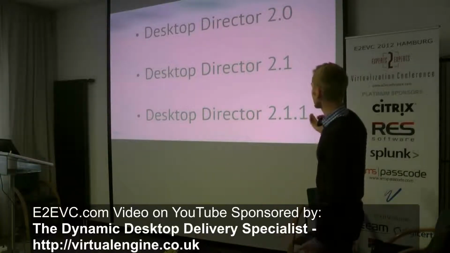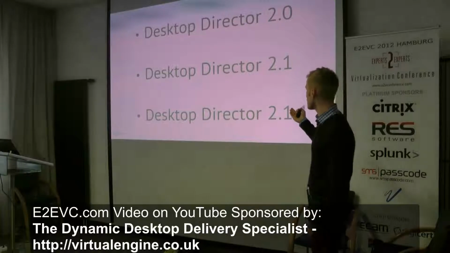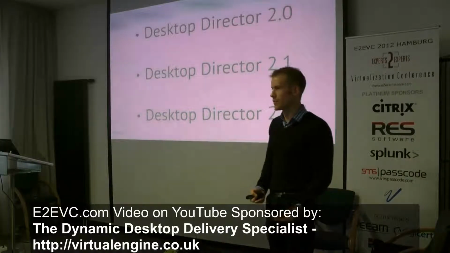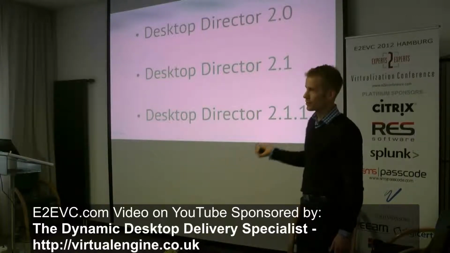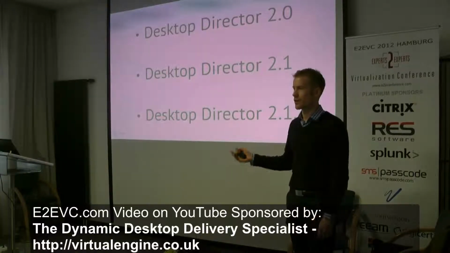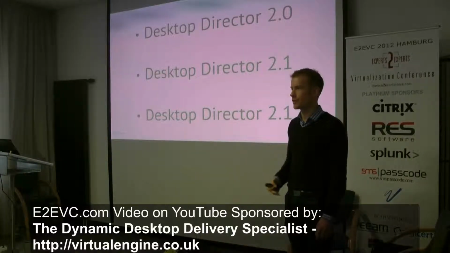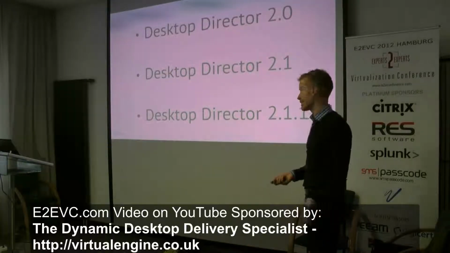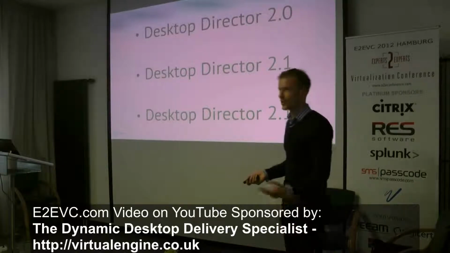It's mad really, and I don't understand, because Desktop Director 2.1 you can download with XenApp 6.5, but Desktop Director 2 you have to download as part of Zen Desktop 5.5. So the setup's not exactly easy, and it gets worse, and I'll show you.